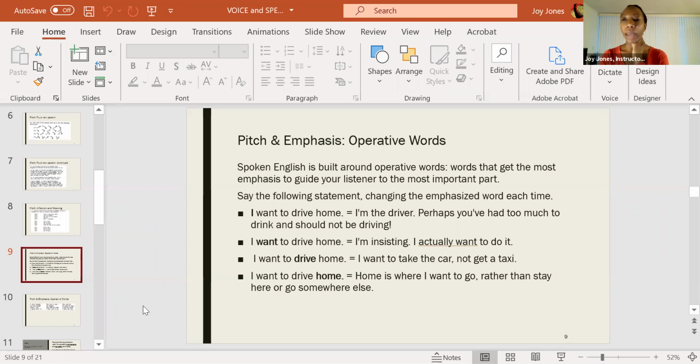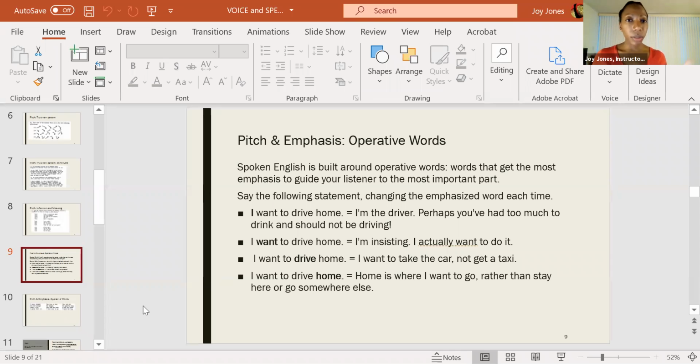Those are the words that get the most emphasis to guide your listener to the most important part. There are key words in a sentence, and we use inflection or pitch to tell the listener what the most important word is.